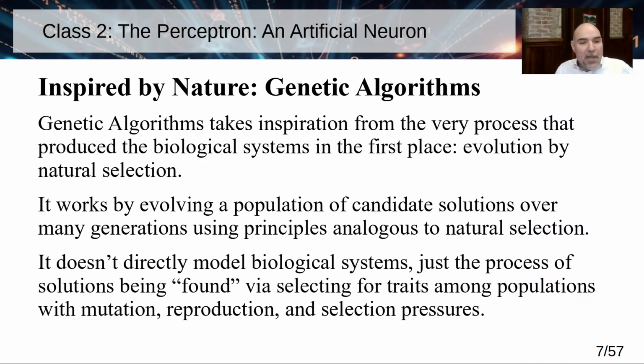And it turns out we can do that with solutions to problems as well. In fact, there are patents in the patent office that were invented by genetic algorithms. In other words, there are very complex inventions, some of them actually circuits, that were invented through this process, where the idea was, let's just make a whole bunch of random circuits that nobody designed or even had a concept of.